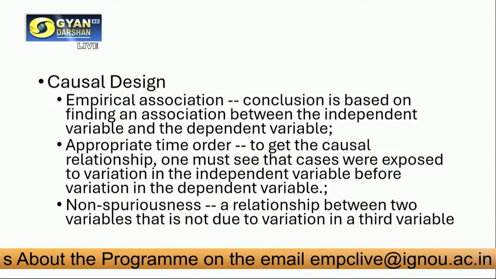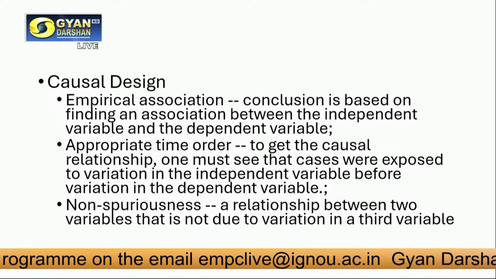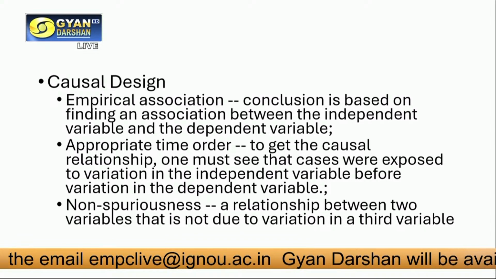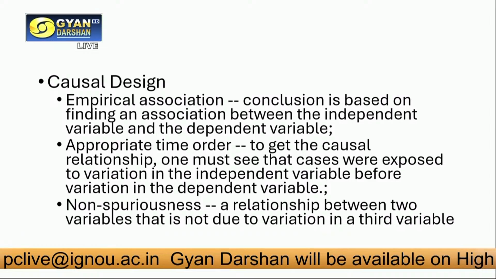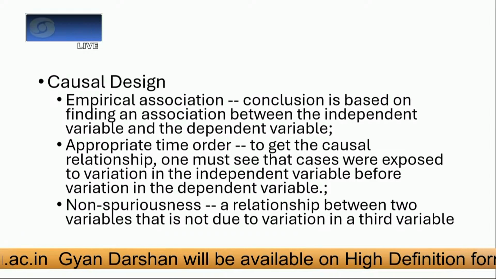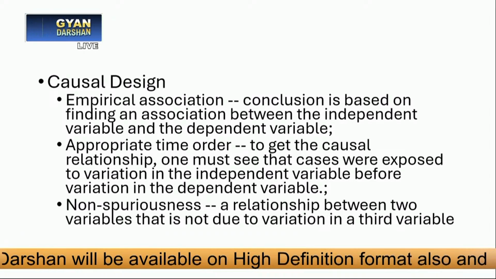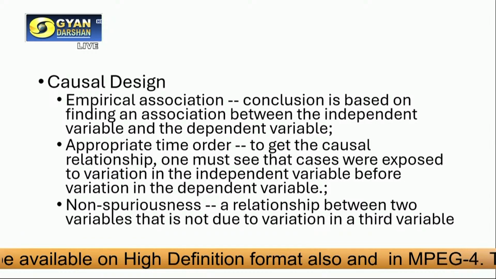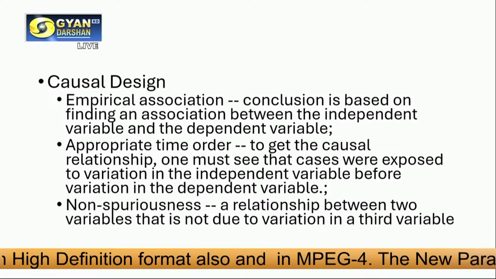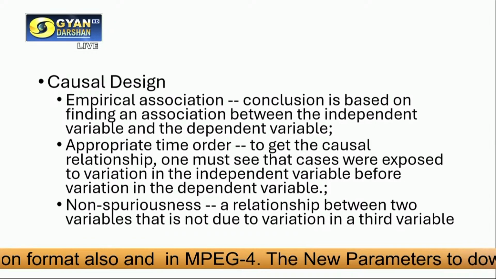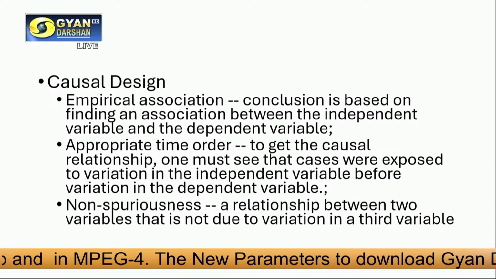To get the causal relationship, one must see that causes were exposed to variations in the independent variable before variation in the dependent variable. First the intervention will be there in the independent variable so that its impact can be seen on the dependent variable.